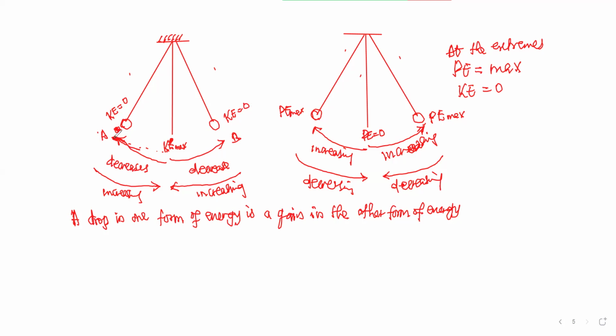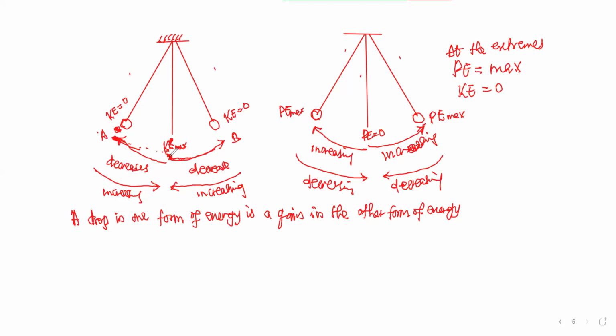So by the time we move from the extreme to the mean point, PE has decreased to 0, but KE has increased to maximum. And if we move from the mean point to the other extreme, here KE is maximum, and as we move, PE will be increasing, whilst KE will be decreasing.